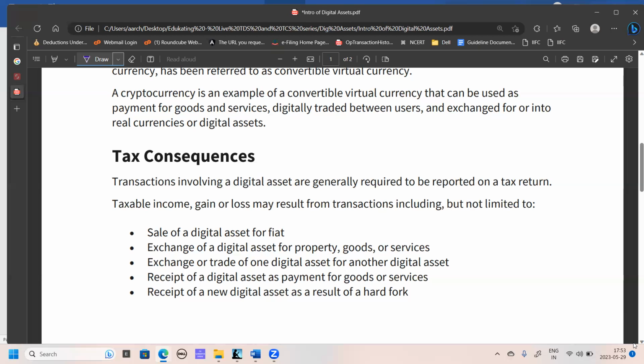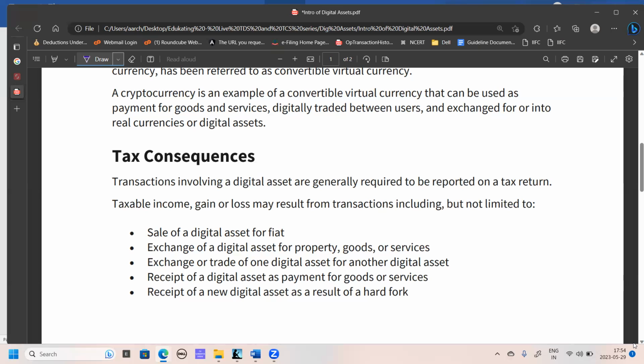So let's have a look at which types of transactions are coming into this. Sale of a digital asset for fiat, which means you exchange the currencies. Exchange of a digital asset for property, goods or services. Exchange or trade of one digital asset for another digital asset, which means you are exchanging cryptocurrencies with each other, like for Bitcoin you are exchanging Ethereum, and for Ether you are exchanging Bitcoin.